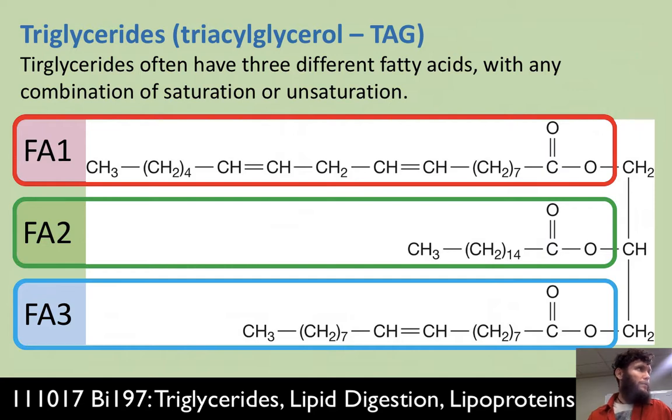That's an 18 carbon chain right there. The one below it is only a 16 carbon chain, fully saturated. And the one on the very bottom is a monounsaturated, single double bond, single alkene group. And that's an 18 carbon chain as well.